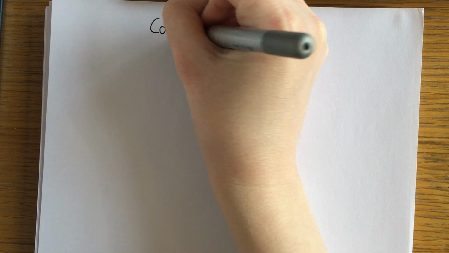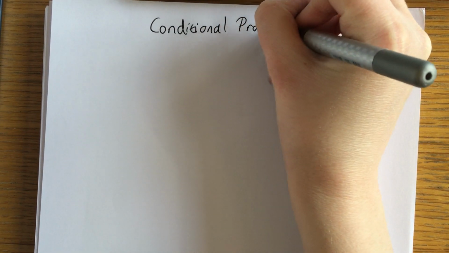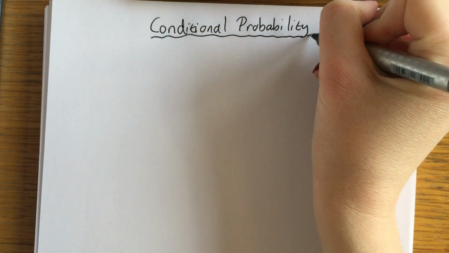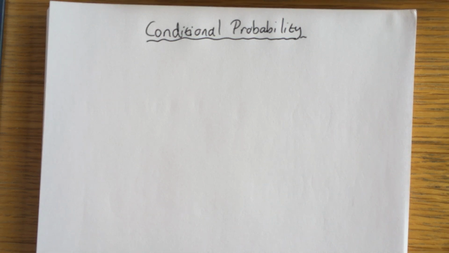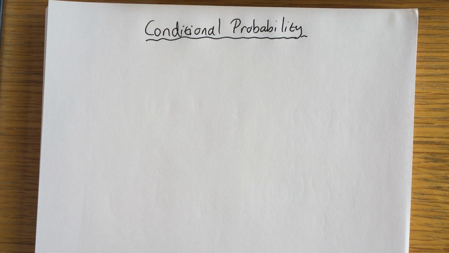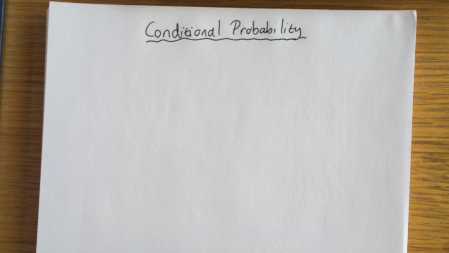We are now going to move on to conditional probability. This is where we know a particular event has happened. So the probability of one thing happening is dependent upon another event occurring. We have the information given that something else has already happened. What's the likelihood that this happens?